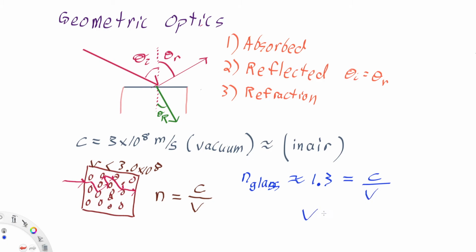So the speed of light in the glass is going to be 3 times 10 to the 8 divided by 1.3. So this is about 2.2 times 10 to the 8 meters per second.